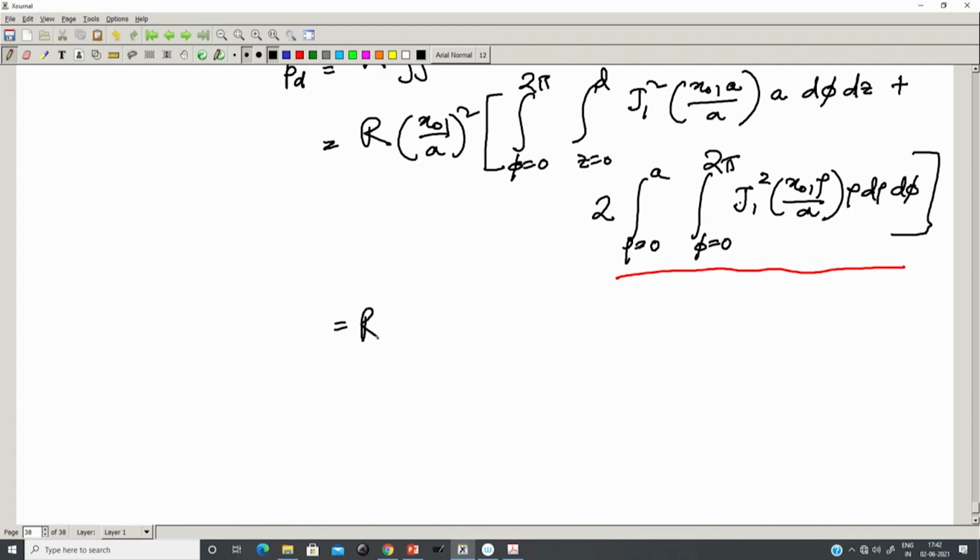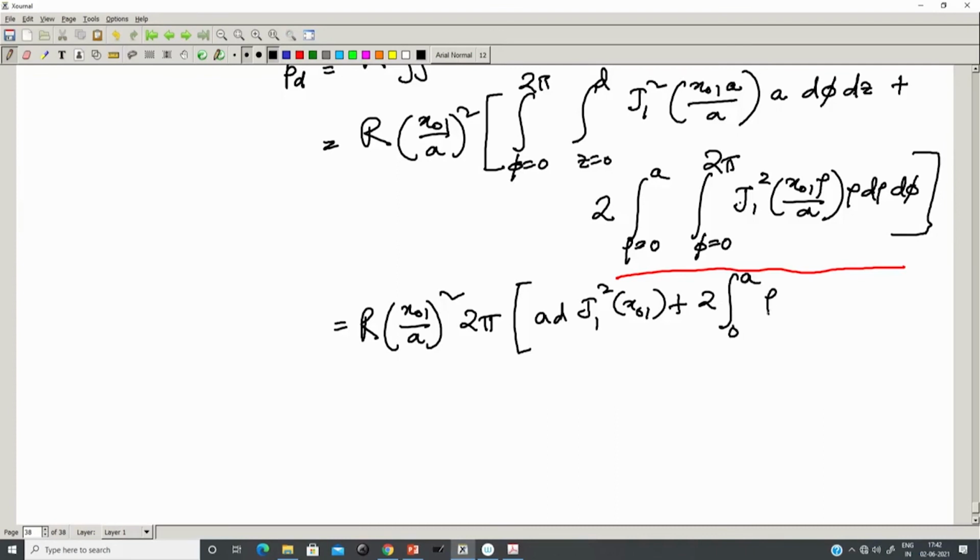That is equal to R x01 by A whole square times 2 pi A d J1 square x01 plus 2 integral 0 to A rho J1 square x01 rho by A d rho.